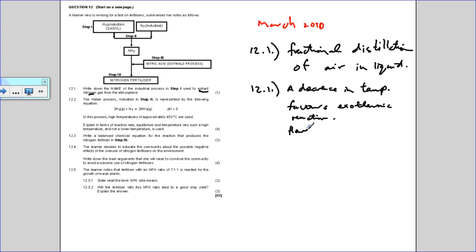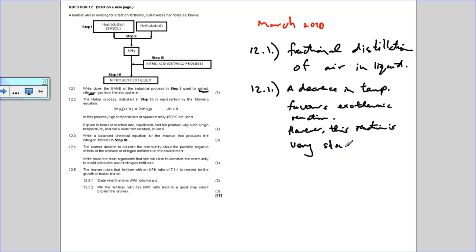However, this reaction is very slow, because if the temperature is low, then there's less kinetic energy and there are fewer effective collisions, and as a result, this reaction is very slow.